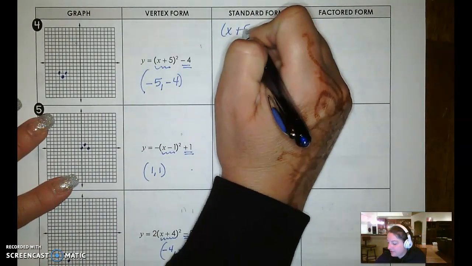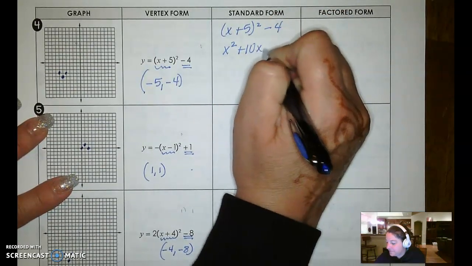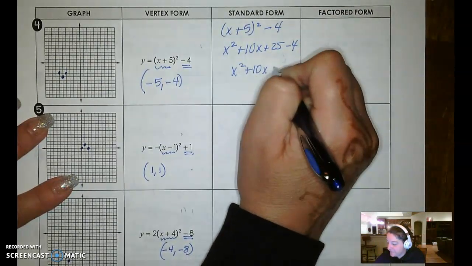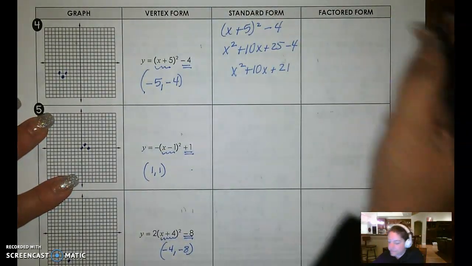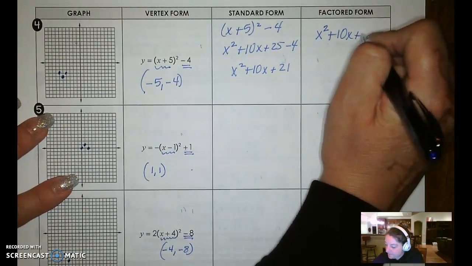So I have x plus 5 squared minus 4. Okay, and then I want to put this in factored form.